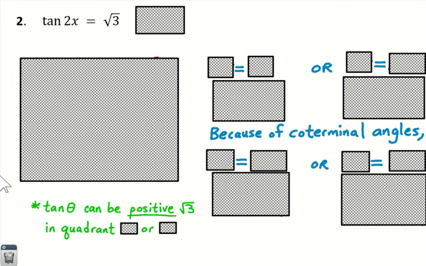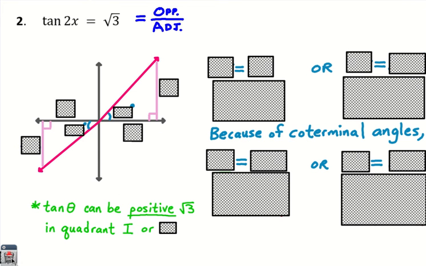Example 2. The tangent of 2x equals root 3. Well, guess what? Even though this says 2x, we can just cut right to the chase when it's like, okay, the tangent of what equals root 3. So in other words, we're going to figure out what that 2x could be.